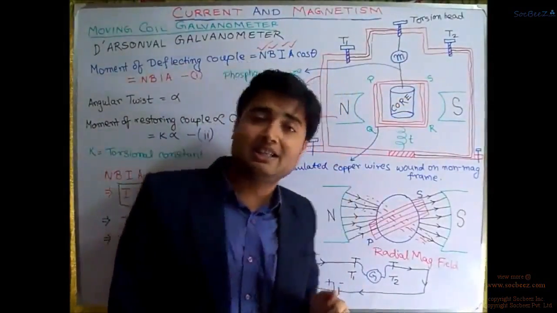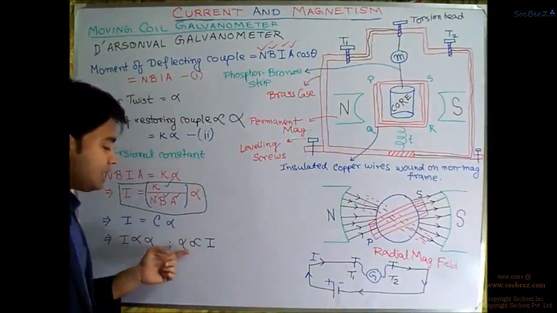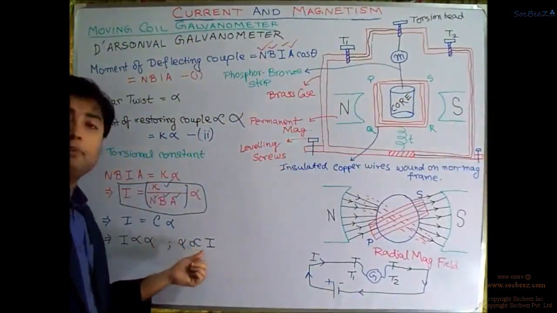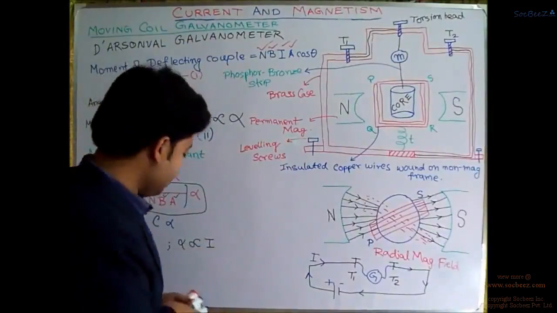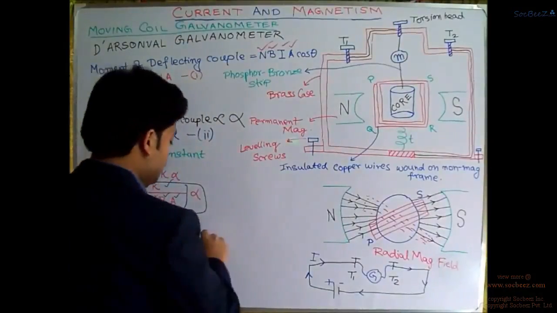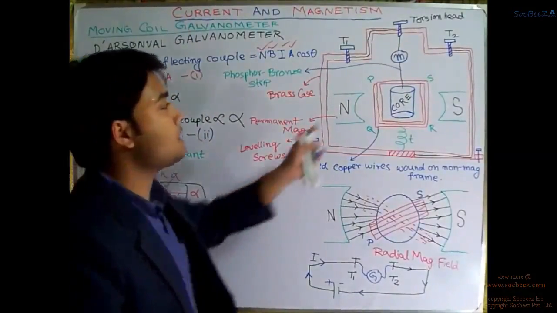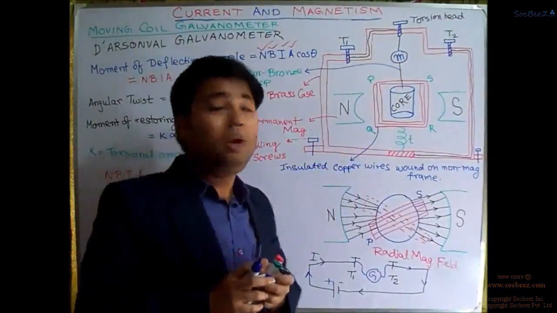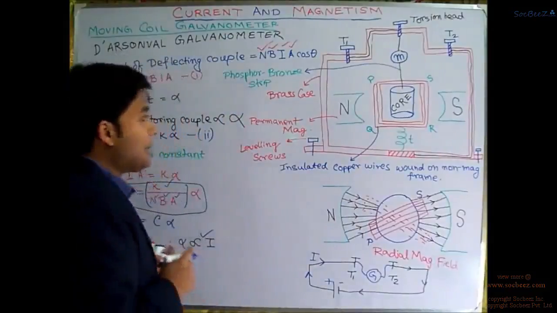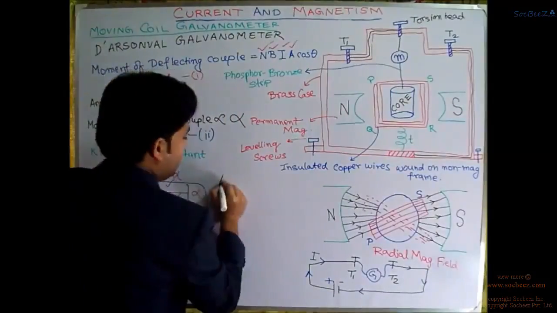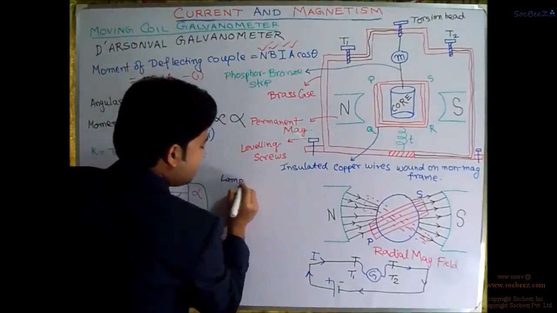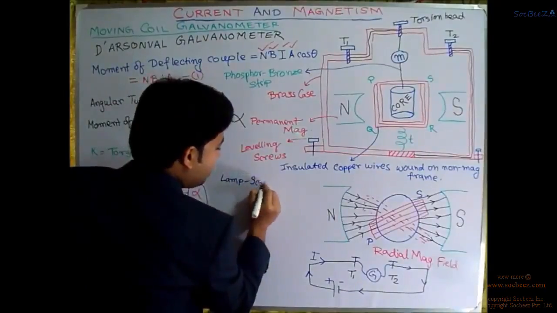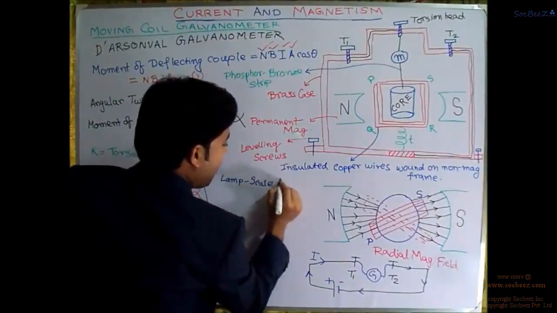And this is the reason why alpha is directly proportional to I, and with the use of this M, the plane mirror, we can measure it by a lamp and scale arrangement.